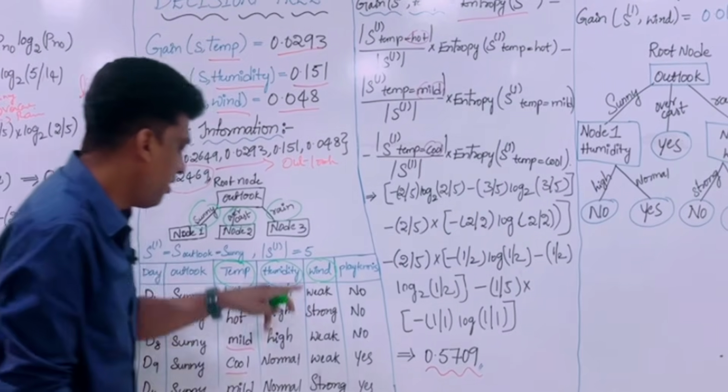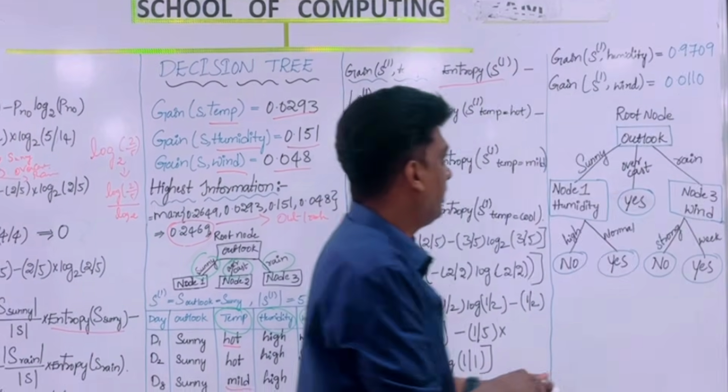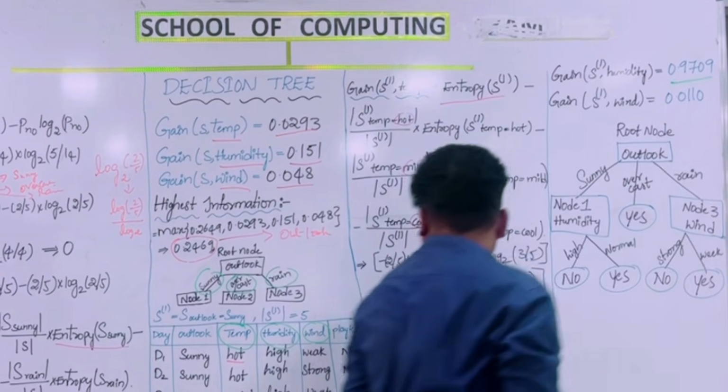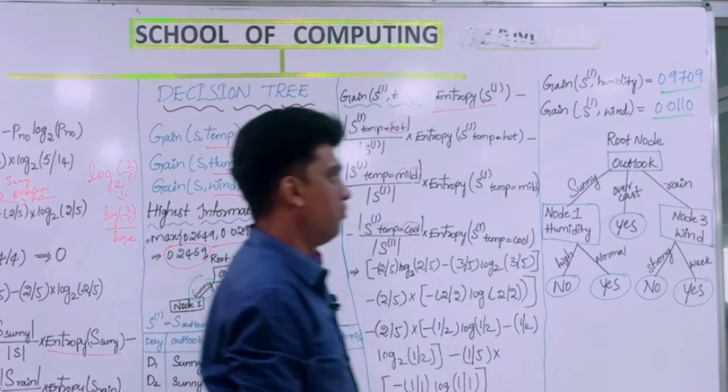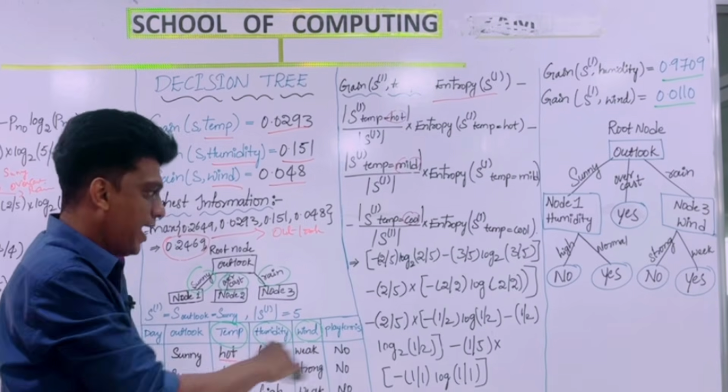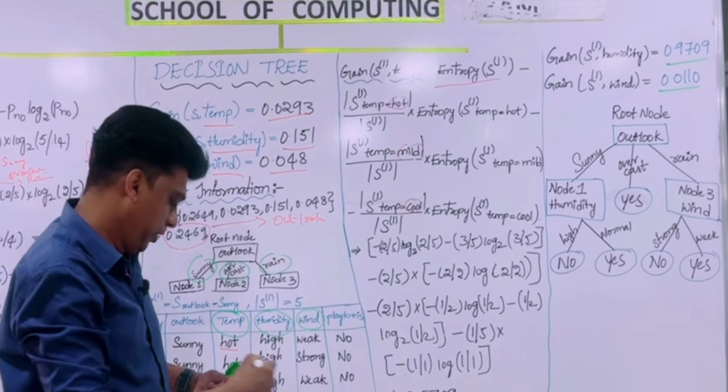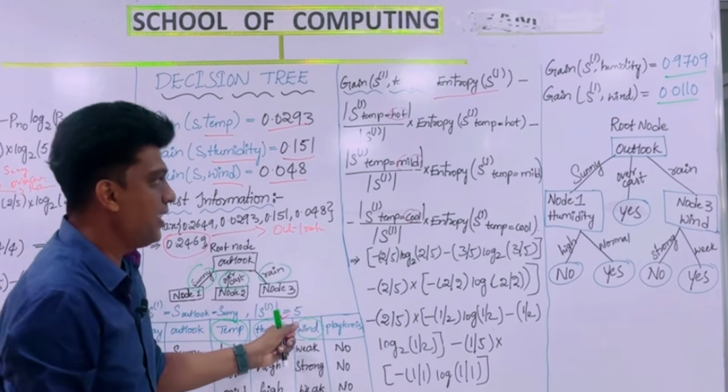Similarly, for humidity I am getting 0.9709 and for wind I am getting 0.0110.